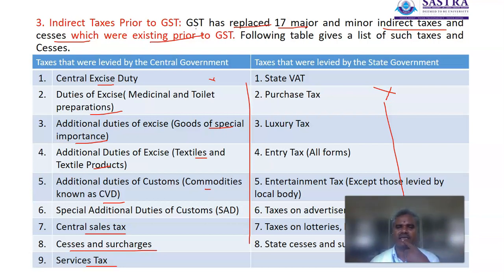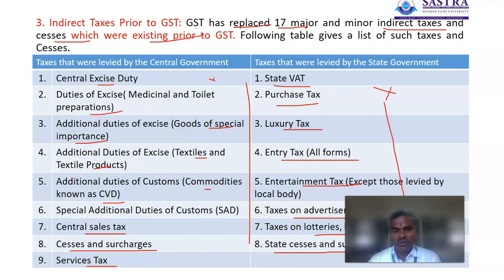State VAT, value-added tax, purchase tax, luxury tax, entry tax, entertainment tax, tax on advertisements, tax on lotteries, betting and gambling, state cess and surcharge. These are all the taxes we paid before the GST regime. But now we are paying only one tax.